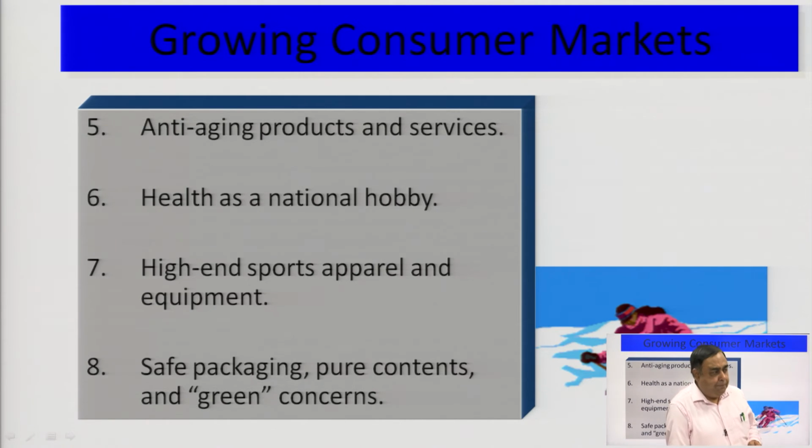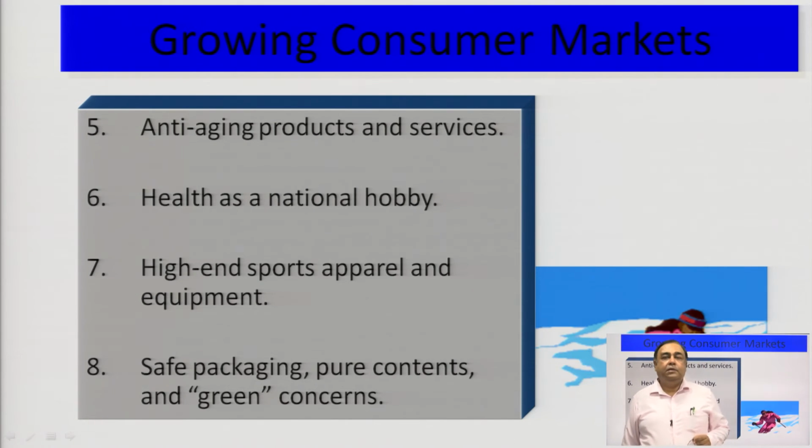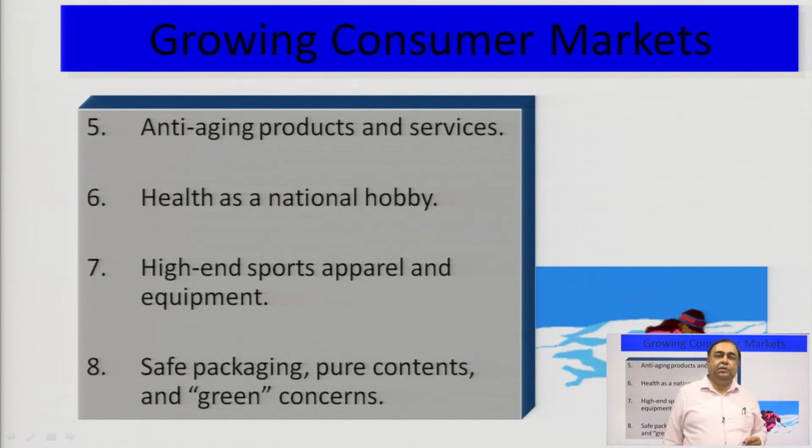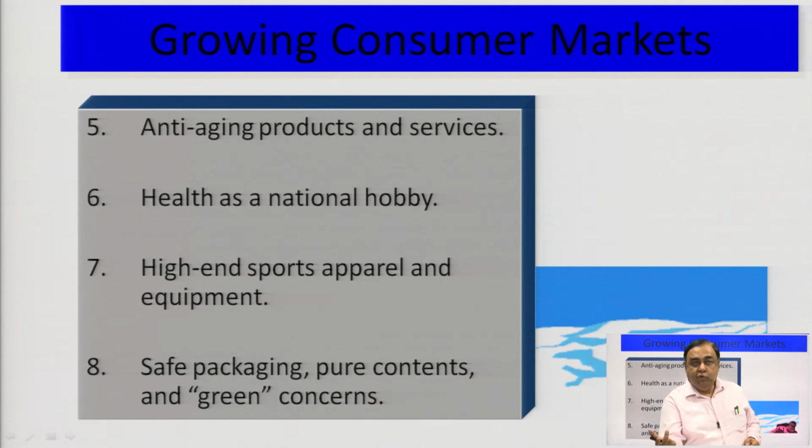The majority of people are aware of health. You have seen that various yoga camps are organized. People go for morning and evening walks, and they go to the gymnasiums. So that has become another segment for the consumers, the customers.